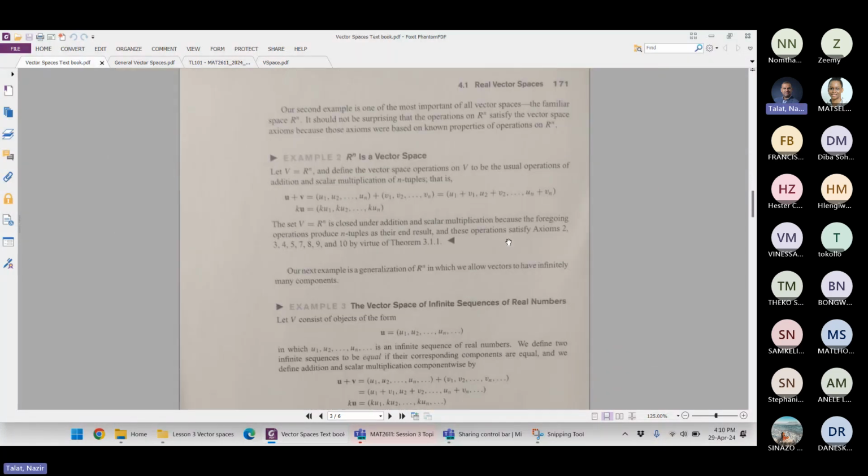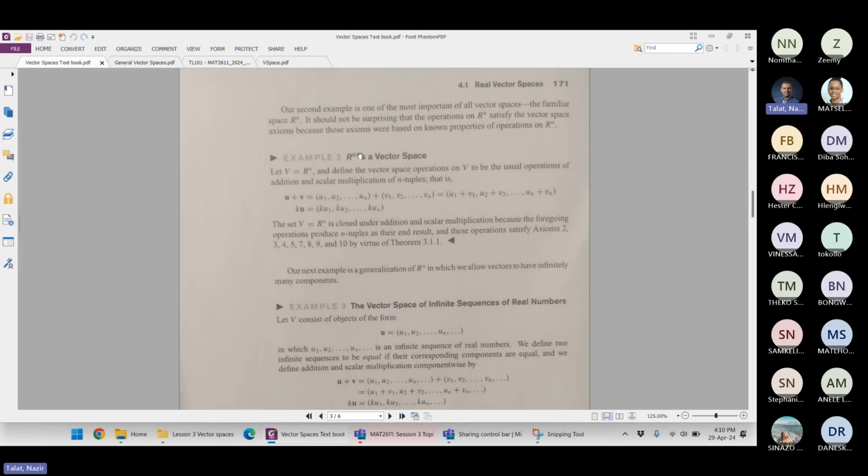Now, Rn is a vector space. Take any two vectors of that space, where n-tuples mean n number of elements. If n equals 1, then it's the set of real numbers, n equals 2 is the set of two-tuples, and so on.